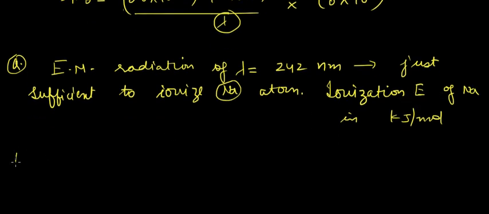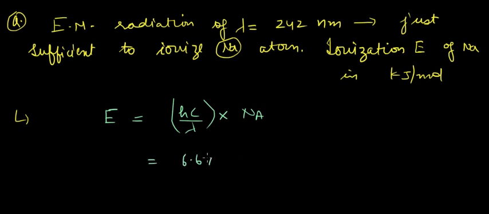Okay, so you have been passing an electromagnetic radiation of lambda equals 242 nanometer. This energy is just sufficient to ionize the Na atom. Then you have to calculate the ionization energy of sodium. So we know that the energy required would be hc by lambda multiplied with Avogadro number. This will give me the binding energy or the ionization energy.